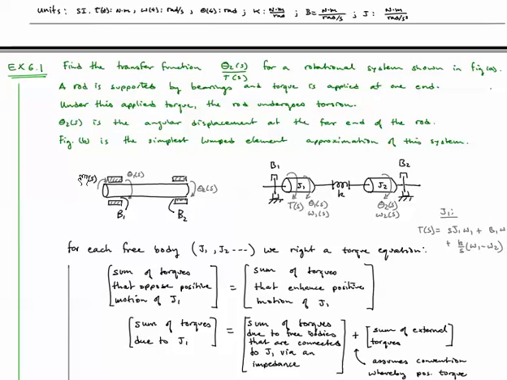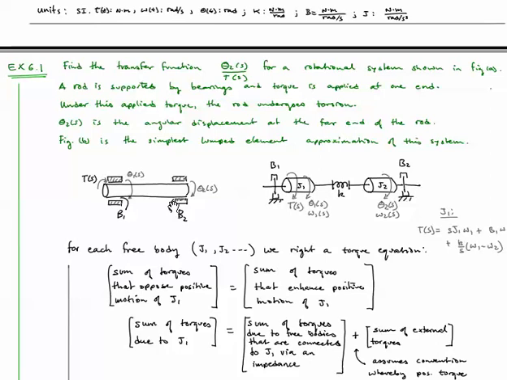The external torque here I call capital T of S, and there's going to be a displacement theta 1 at this end, and then we're going to say theta 2 at the second end.